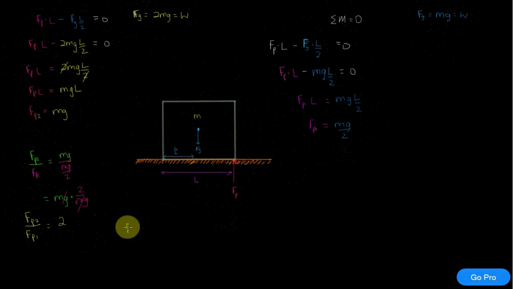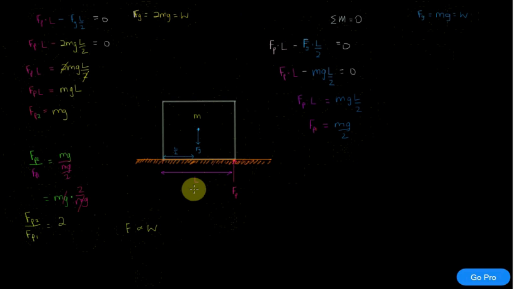So we could see that the force that I had to apply in order to initiate a rotation is proportional to the weight of the object. So when the weight tends to increase, the force that I have to apply tends to increase, right? So the stability of this object, or how difficult it is to move and rotate, is directly proportional to how much it tends to weigh.